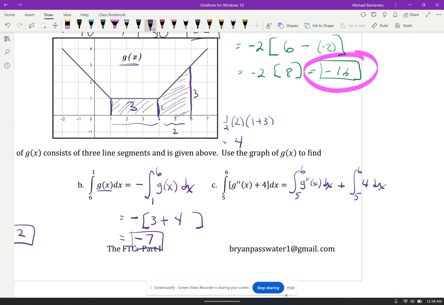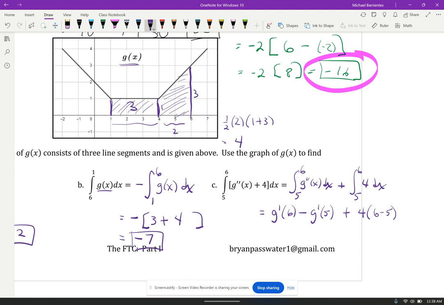Remembering that when we have a constant, this is really just the area of a rectangle whose height is 4 and whose base is the difference in the limits of integration, the delta x between 5 and 6. But over here, we're going to need to take the antiderivative, or the function whose derivative is g double prime. Well, that would be g prime, evaluated at the top minus g prime evaluated at the bottom limit of integration.